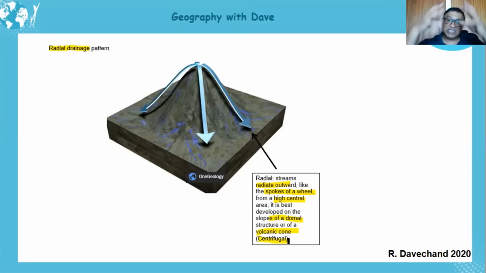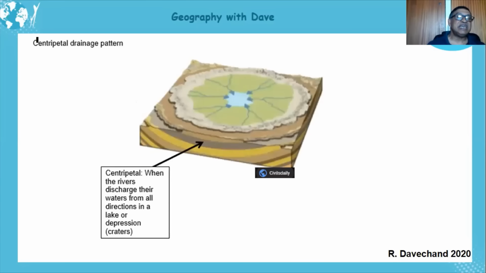Then we've got a centripetal pattern. It also has a bit of the radial pattern, but we're following our CAPS guideline, which says radial and centripetal. So you know centrifugal is outwards. Obviously, centripetal will be inwards.